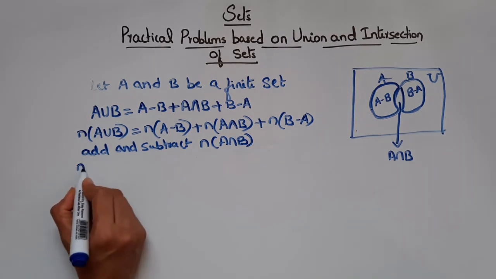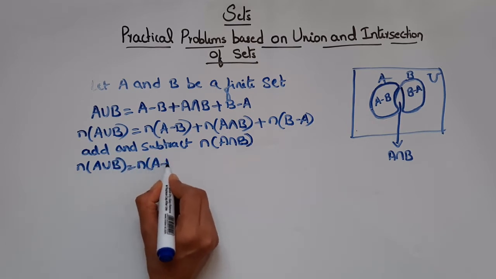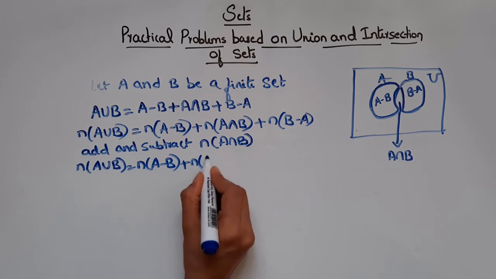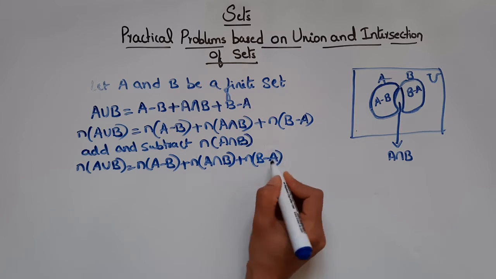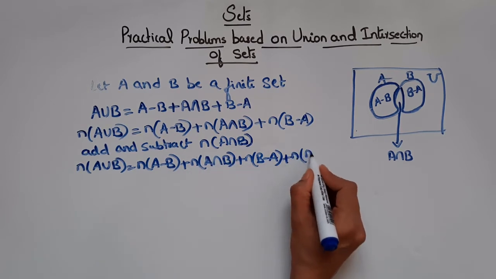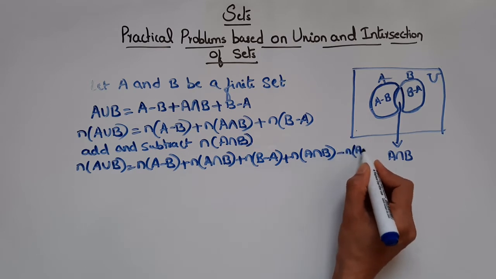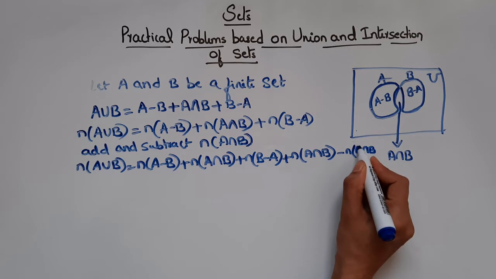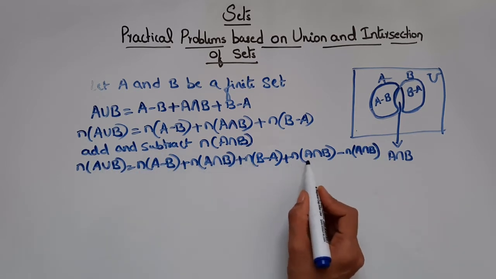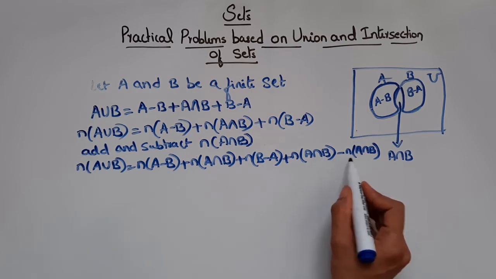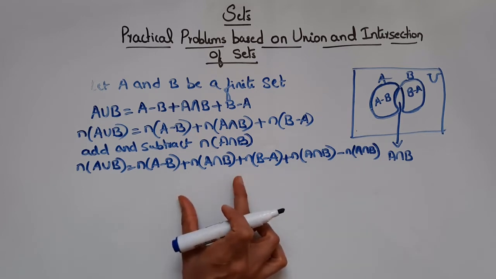So now your equation will be n of A union B is equal to n of A minus B plus n of A intersection B plus n of B minus A. We will add n of A intersection B and we will subtract n of A intersection B. So this will not make any change to the equation, right?